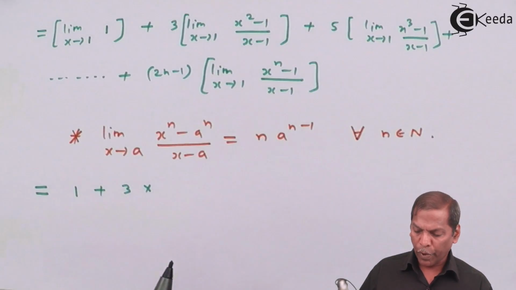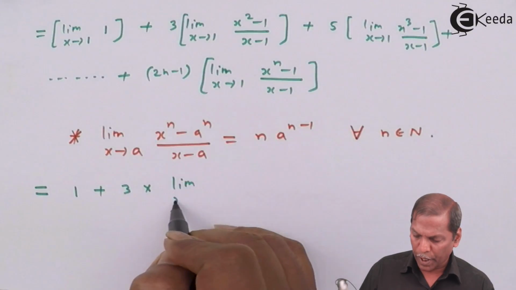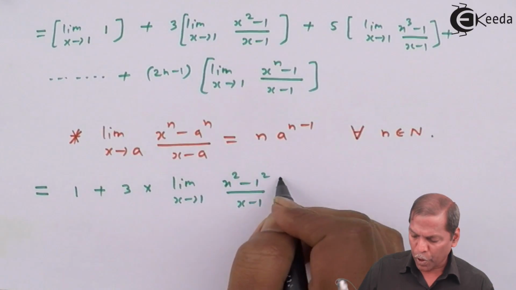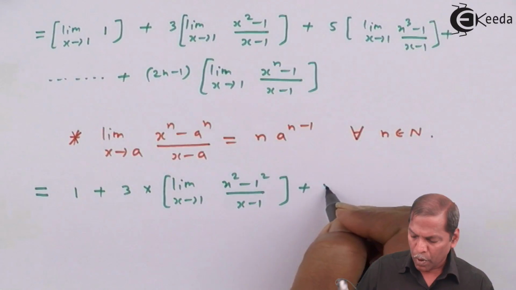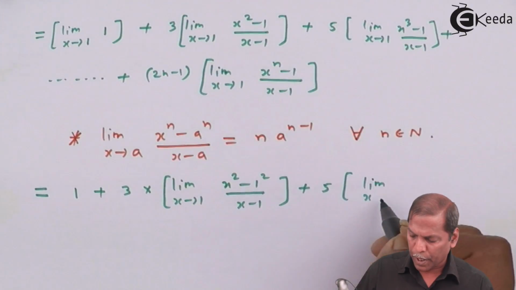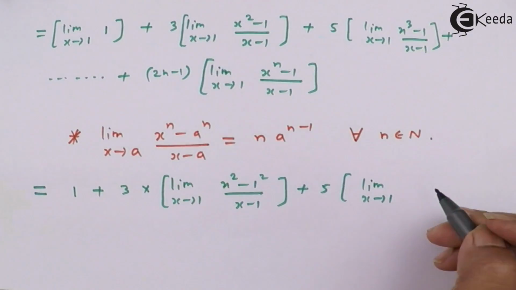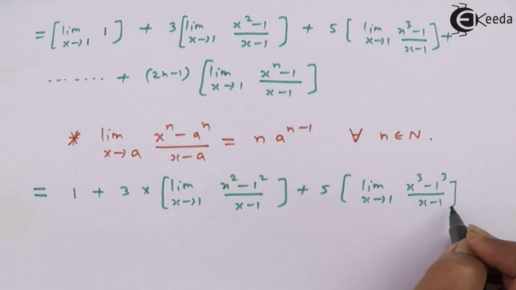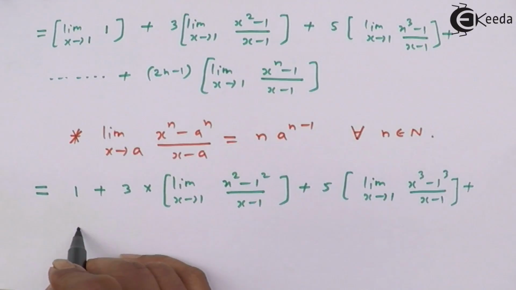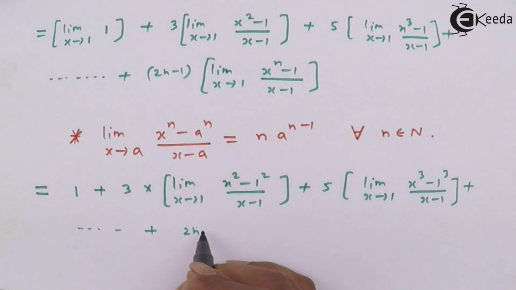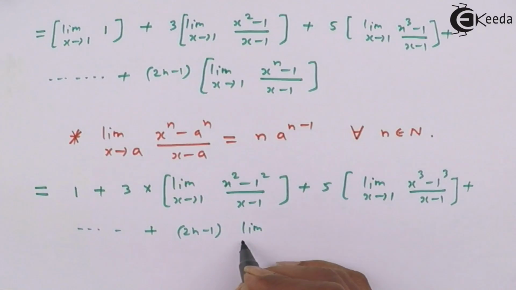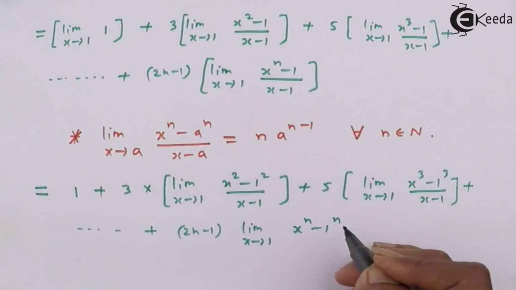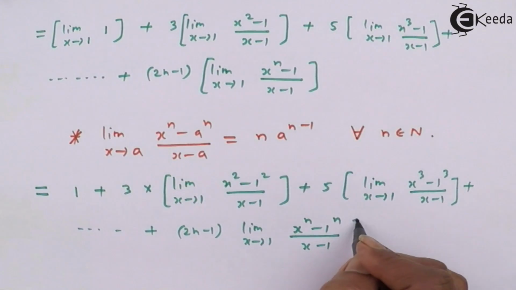Now the second part can be written as limit x tends to 1 (x square minus 1 square) upon (x minus 1), plus 5 into limit x tends to 1 (x cube minus 1 cube) upon (x minus 1), plus going on, and plus 2n minus 1 into limit x tends to 1 (x raised n minus 1 raised n) upon (x minus 1).